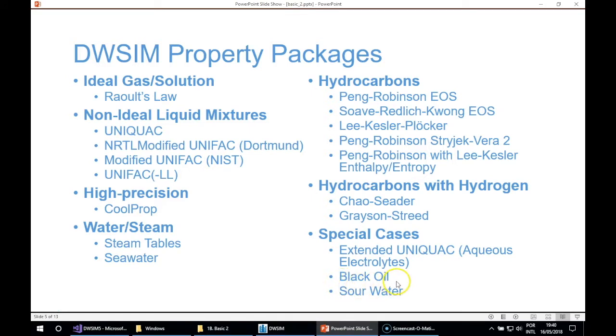For the gas and oil industry, when you don't have information about your oil, you can use the black oil model. And for sour water, including hydrogen sulfide and CO2 and so on, you can use the sour water model. I'll talk a little about these models in a moment.